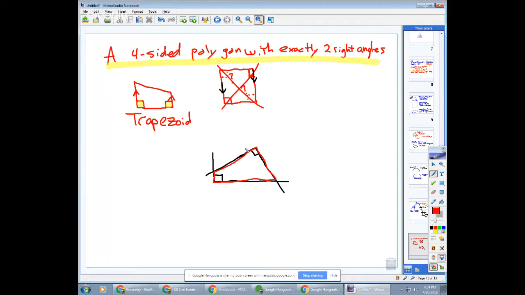What do we call that shape? A 4-sided polygon with 2 right angles? I think we call it a 4-sided figure with 2 right angles. So one possibility is a trapezoid, and another possibility is weird things like this: quadrilaterals with only 2 right angles that don't have a name yet.